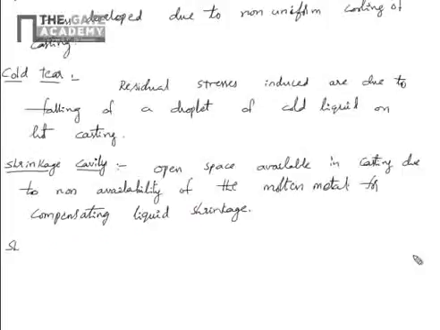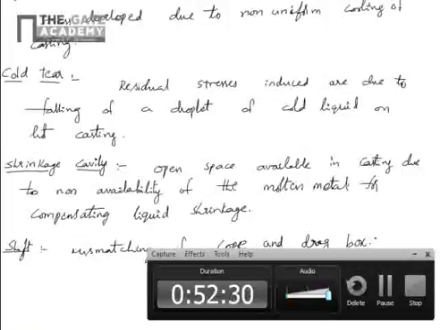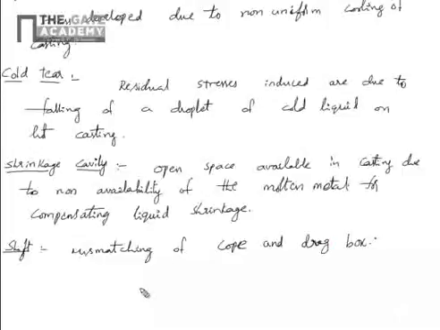Shift, another defect. Mismatching of cope and drag boxes. So mismatching of cope and drag box will cause shift. So when it shifts, the entire material has to be at the same point.